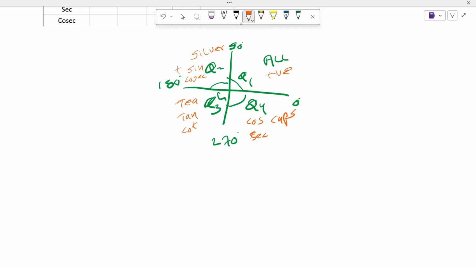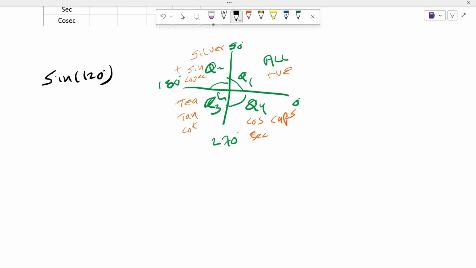So let us take one example. I want to find sine of 120 degrees. Which quadrant does this fall under?